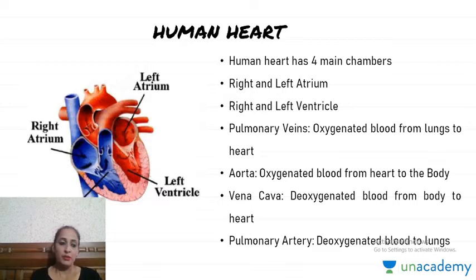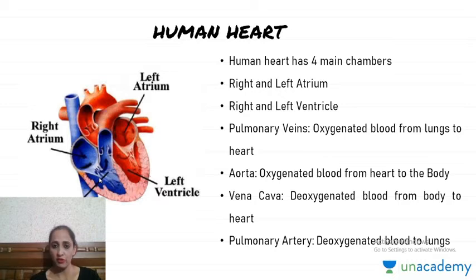Because we have oxygenated and deoxygenated blood, our heart has to have different chambers, so that the oxygenated and deoxygenated blood doesn't get mixed up. That is why God has given us this beautiful heart with 4 chambers.